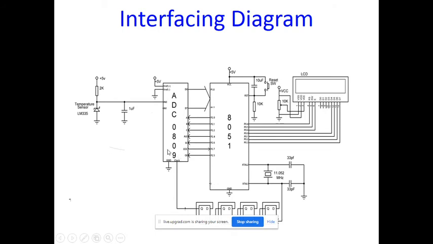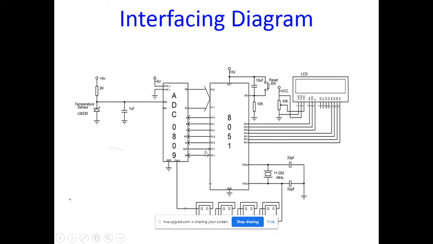Okay, when conversion is over, it will generate end of conversion, which is an input given from the ADC to the controller. Just see the direction here: all other pins are inputs from the controller, and this one is passed to the controller, meaning it is output to the controller. Next is the OE signal.